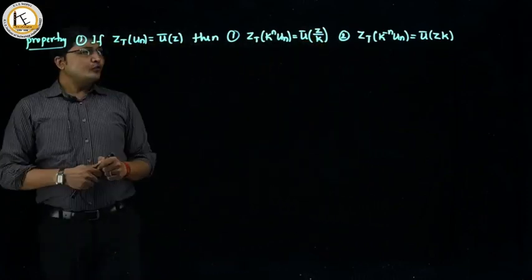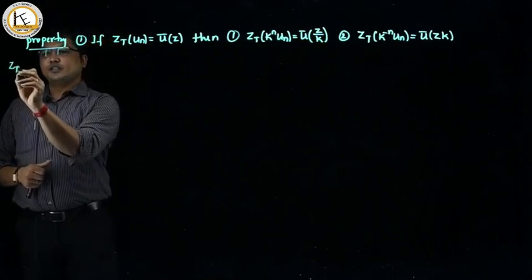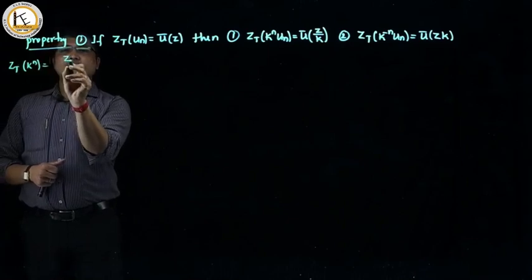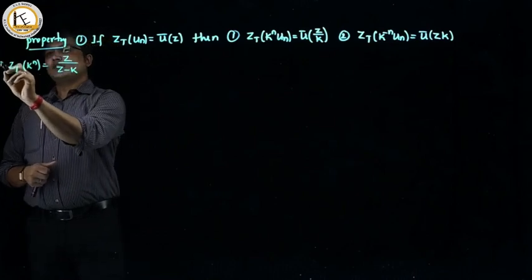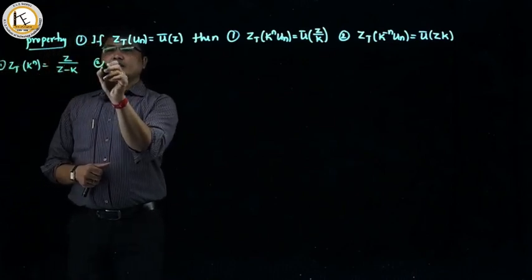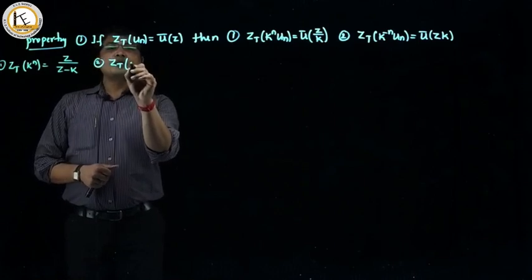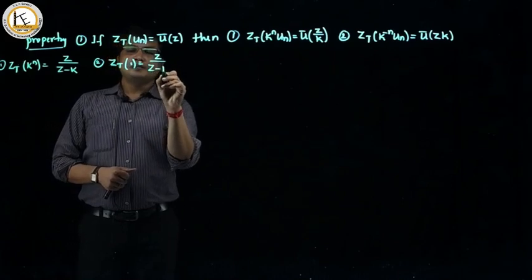And also we derived some standard functions, just I will take those here. Z transform of k raised to n is nothing but Z divided by Z minus k, so that is the first standard function. Later we derived Z transform of 1, that is Z divided by Z minus 1.